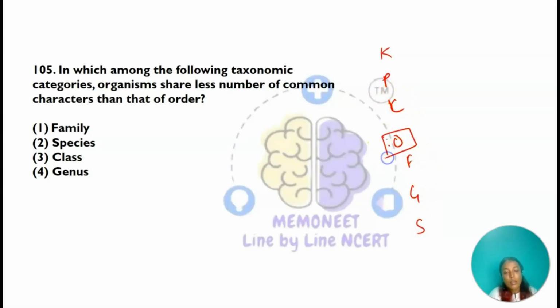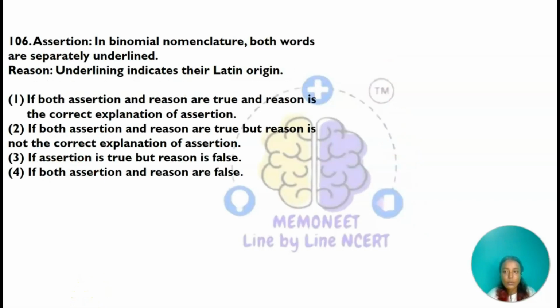So we are concerned with which category will share fewer common characters. All of the other options we have are family, species, genus. There is only one option that is above order, so they will share fewer common characters than those of order. As we move downwards, the characteristics become very specific. So that is why the correct answer to this question is option 3. Let's move on to the next one.